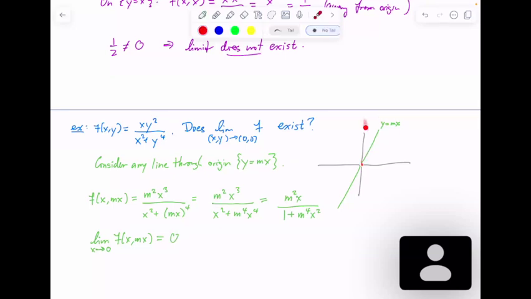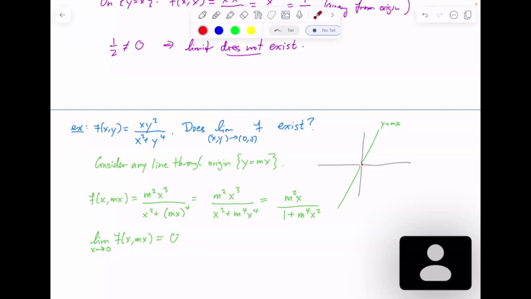So we've maybe not done the parallel line, the vertical line, the y-axis, so that x equals 0. If you plug in x equals 0, this is also 0. So in fact, it looks like every single possible straight line going through the origin has the same limit 0. So it looks like we're in pretty good shape.